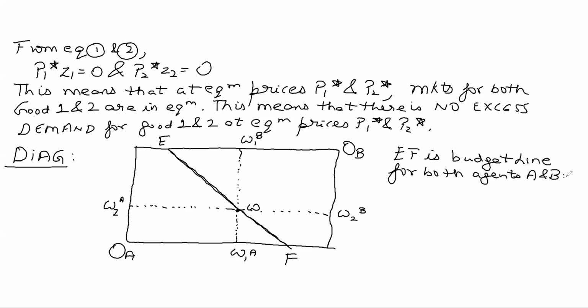Why is EF the budget line for both the agents A and B? Because there are two reasons.